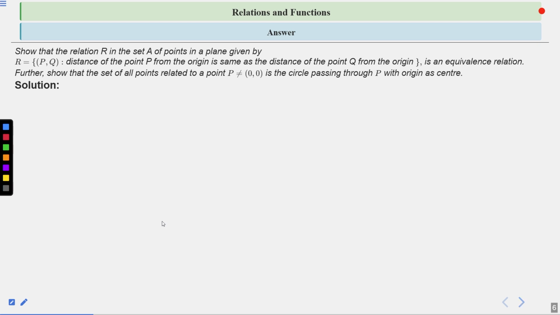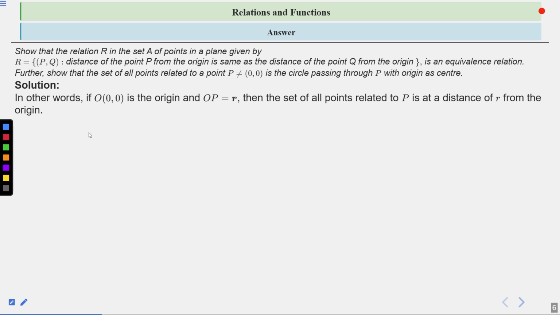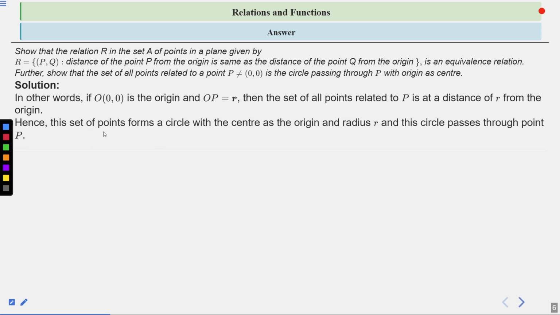And if you paid attention to the words, this is the same as saying if O is your origin at (0, 0) and OP length is r, then the set of all points related to P is at a distance of r from the origin. This gives me a circle with center origin, radius r passing through the point P. Clear? Moving on to next.